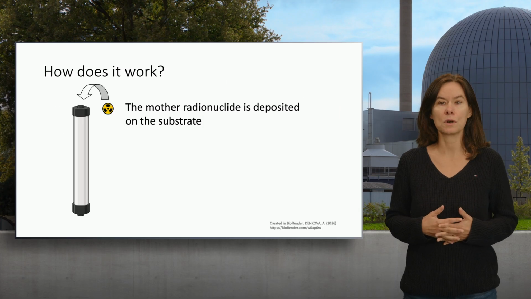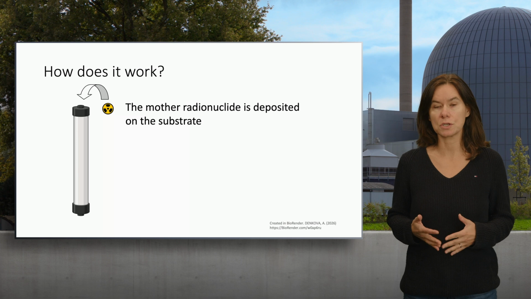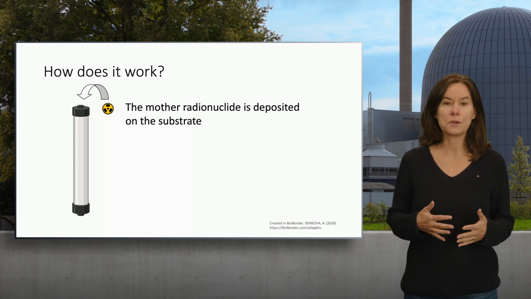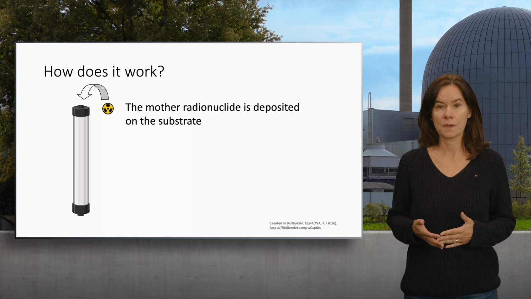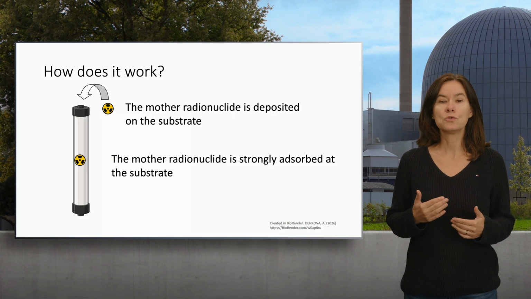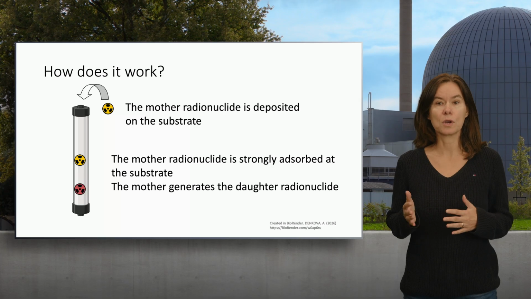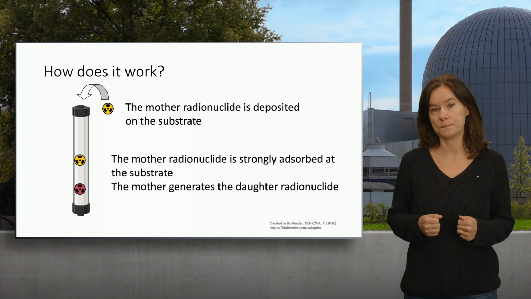How does a generator work? A radionuclide generator makes use of substrates such as aluminum oxide placed in a column on which the mother radionuclide will be deposited. The mother radionuclide usually adsorbs strongly on the material, and while adsorbed on the column, the mother radionuclide will decay to its daughter.